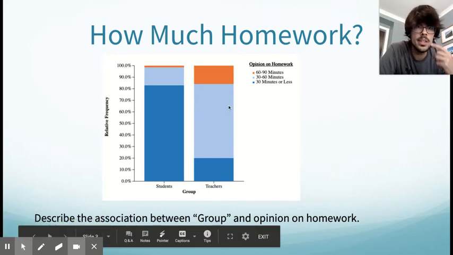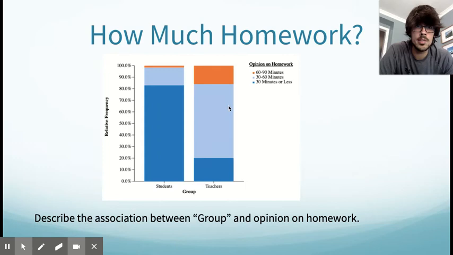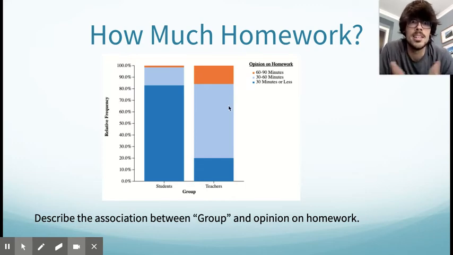But the one thing that this graph doesn't represent is the weight of the two groups. If you look at this graph, it kind of sets students and teachers on an equal playing field, where you'd be caring about each of them equally. And in real life, it probably does make sense, even though teachers are outnumbered. From my opinion as a teacher, our opinion should matter as much as students do.